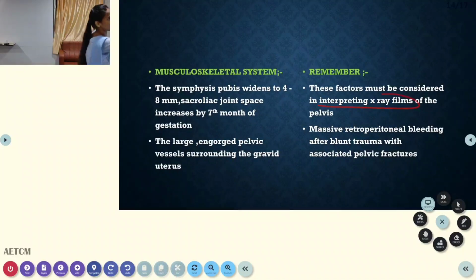There will also be large and engorged pelvic vessels surrounding the gravid uterus, so any trauma can lead to massive retroperitoneal bleeding.